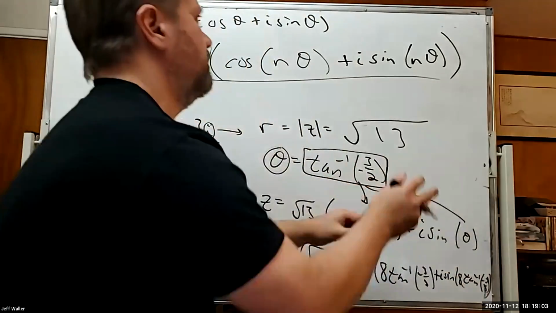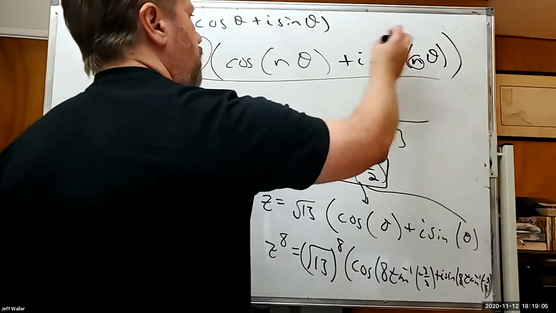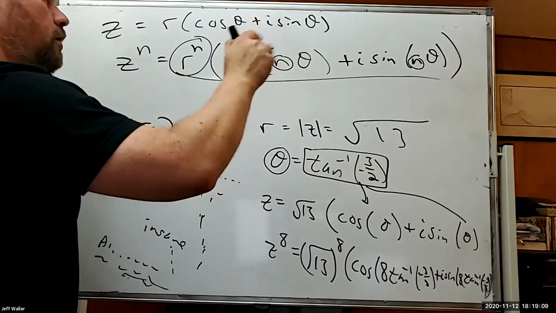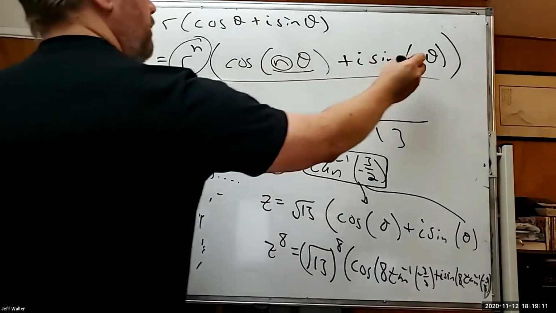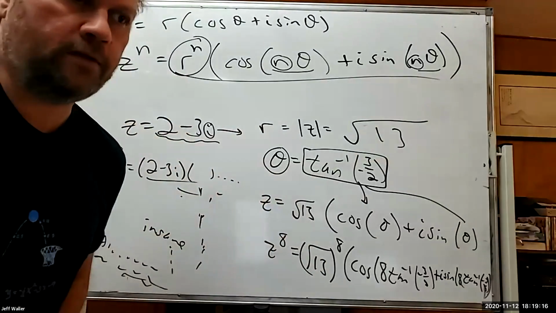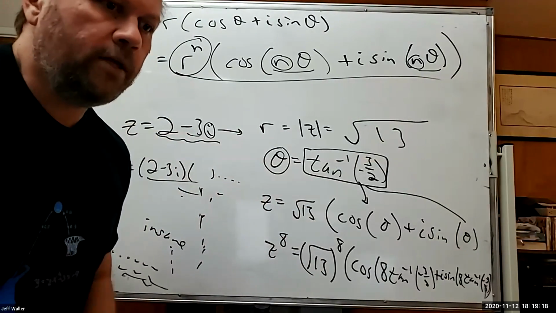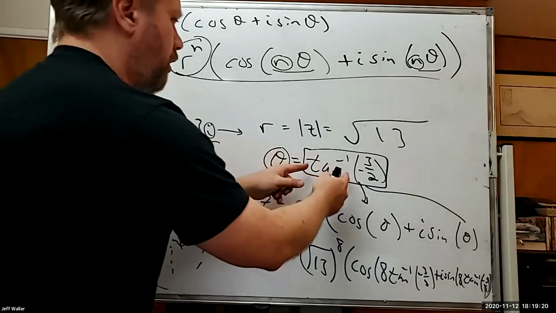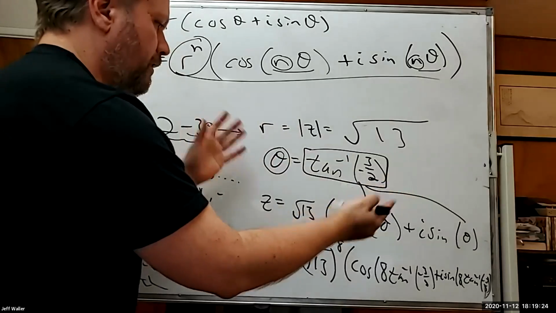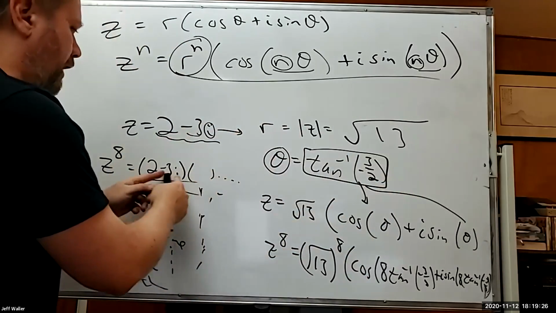I really want you guys to see that whatever power you're raising the complex number to becomes a multiplier in here because of the identities of trig functions. So this was the hardest part. This is nothing. And then I just do that instead of writing this thing 8 times.